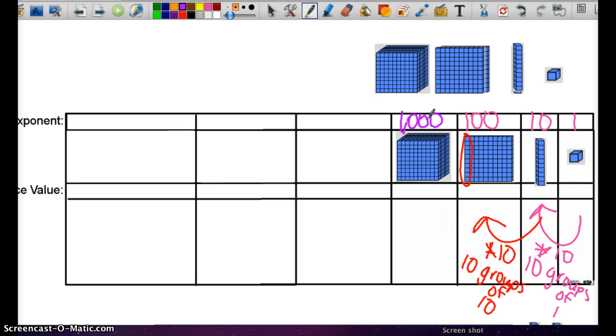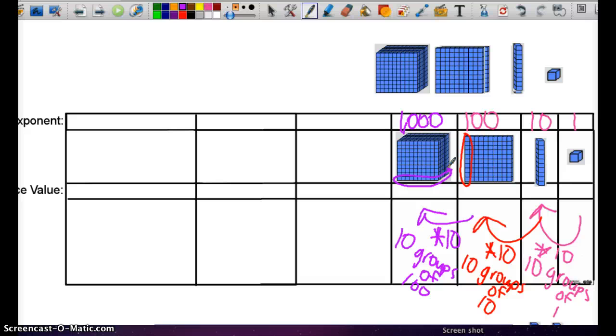In the actual grouping process, students will again see that this pattern persists and that the thousands place is 10 times the size of the hundreds place because the 1,000 is 10 groups of 100. If you think of this bottom layer as being the 100, the flat, and then there are 10 flats stacked on top of each other, that 1,000 block is 10 times the size of a 100 block.